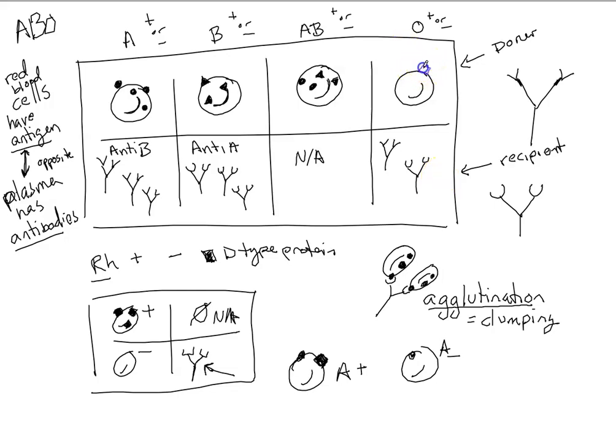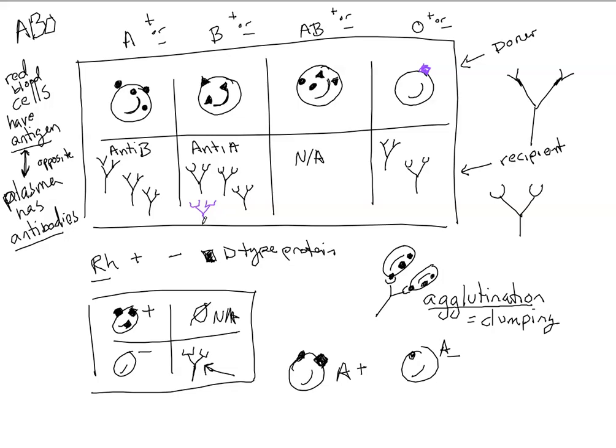So let's say you're O positive. So you have your square, we're pretending it's square protein, surface antigen, the D-type surface antigen, but no other surface antigens. And let's assume that this is a B negative person who has had exposure to a D-type protein in the past and has the antibodies.